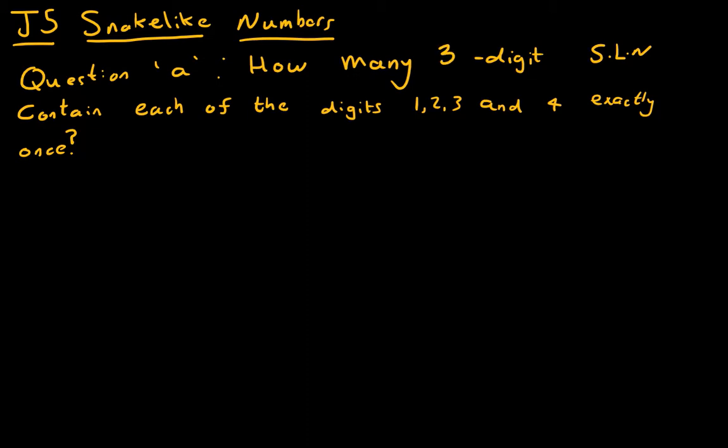Let's do 3. Question A: how many 3-digit snake-like numbers contain each of the digits 1, 2, and 3 exactly once?